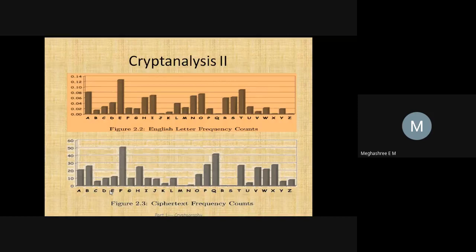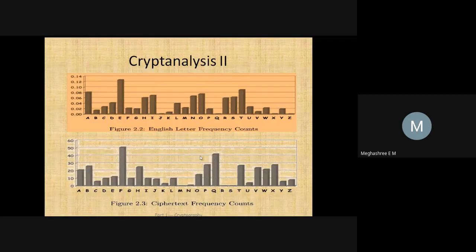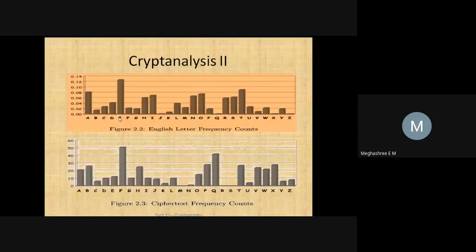Now you can see here, looking at F, it is used more frequently in the ciphertext, and then A, and then B, right? And then P and Q, isn't it? So when you look at this graph, you can make out that F is the most common letter in the encrypted message, right? But if you consider this figure, E is the most commonly used letter in the English language.